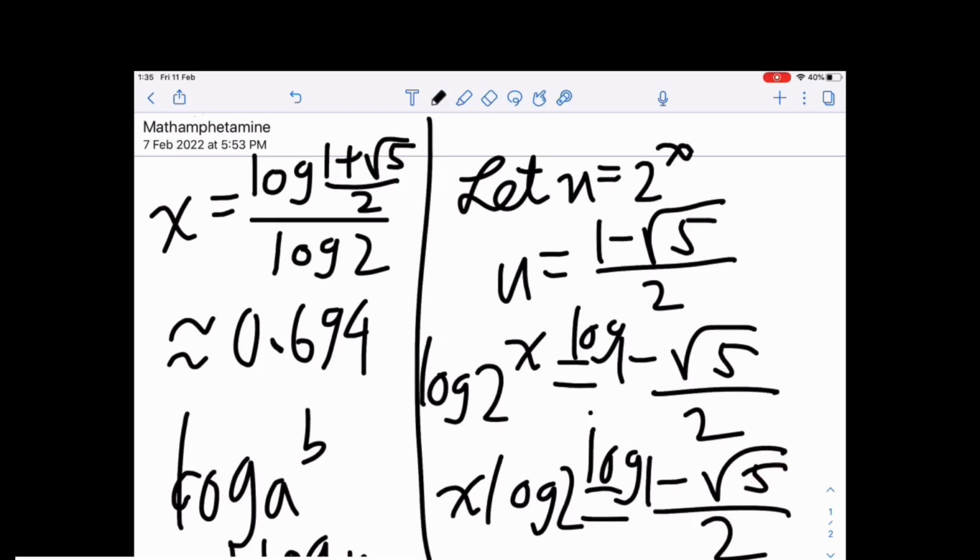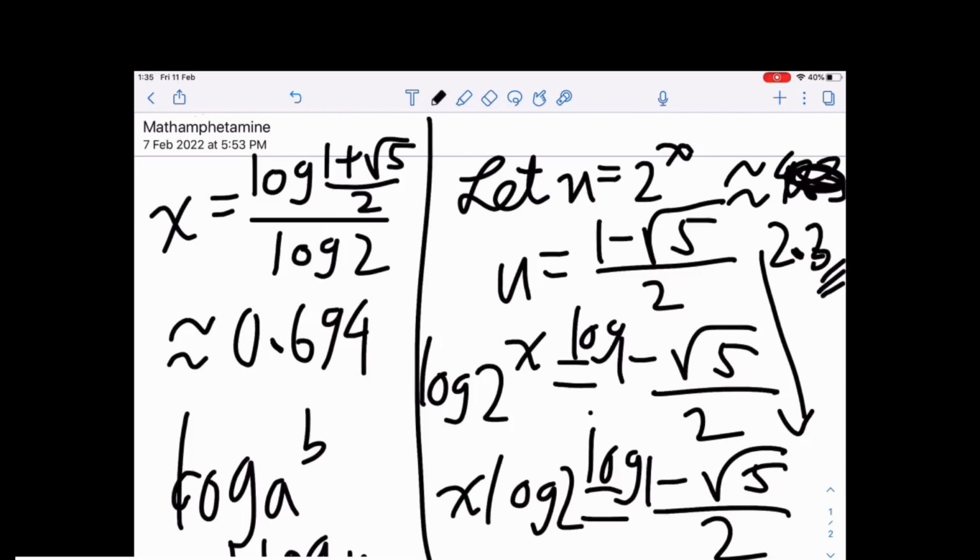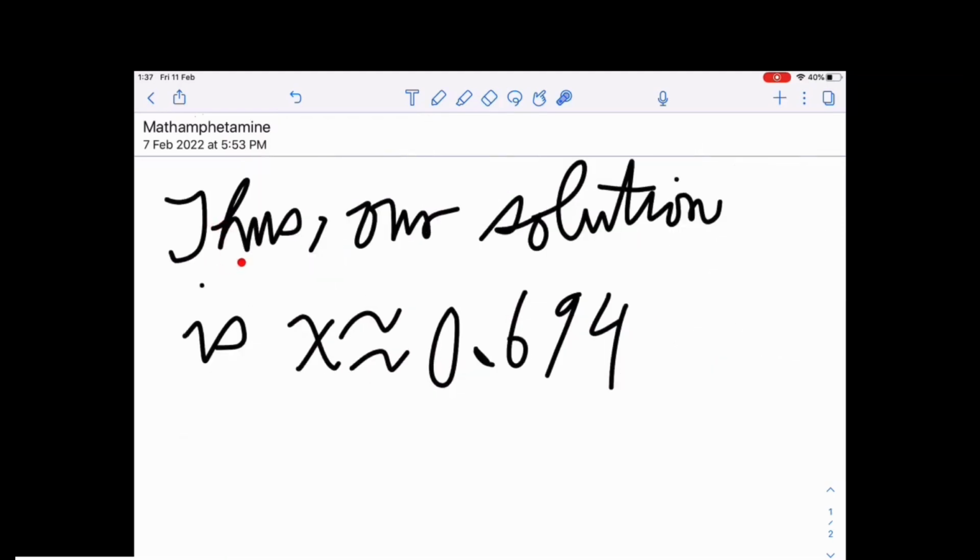The square root of 5 is close to 2 or something, 2.3. So 1 minus 2.3 is negative. A negative divided by a positive number is negative. But we know that the log of a negative number is undefined. So we need to reject this solution. This is undefined. Thus, our solution is x is approximately 0.694.